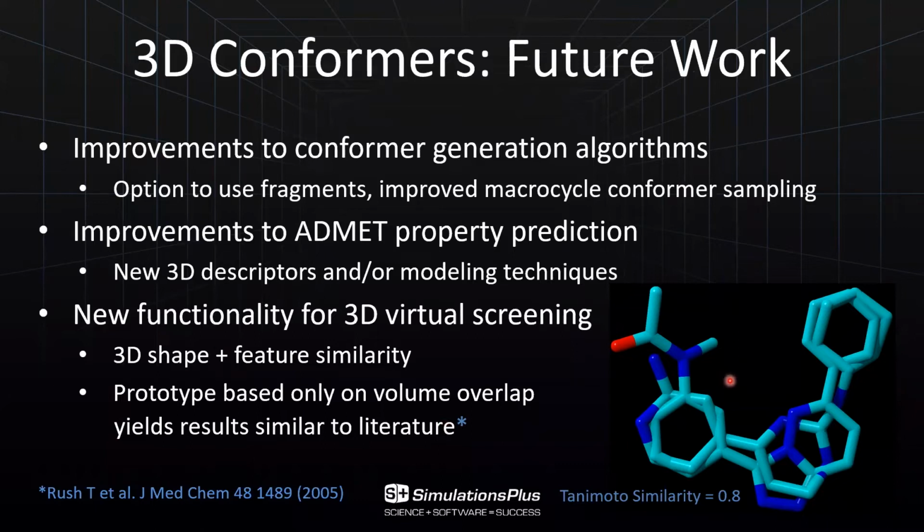The image here is from a prototype 3D shape matching tool that we've developed using our 3D conformer generator and based on maximizing overlap volumes. The two compounds are from the original publication on the ROCS tool from OpenEye, where a new chemically dissimilar active compound was discovered purely on the basis of similar 3D shape, and where the binding mode of that new active was actually confirmed experimentally using X-ray crystallography.